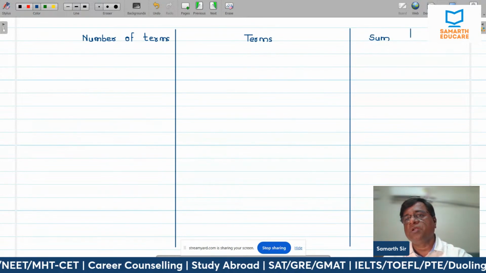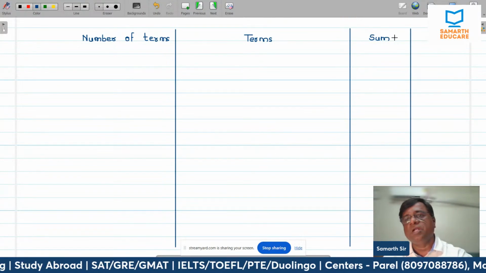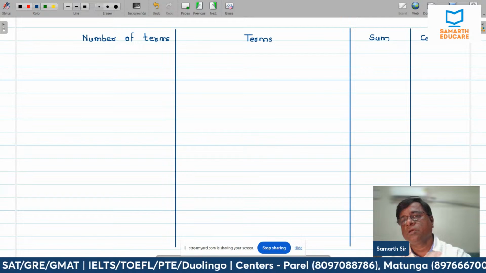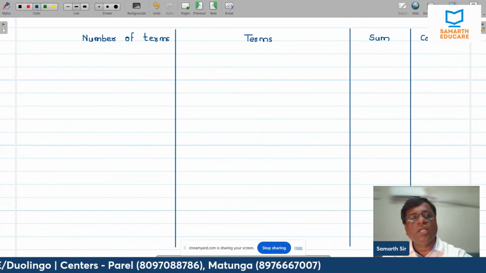What will be the sum of terms, and what will be the common difference in that case?